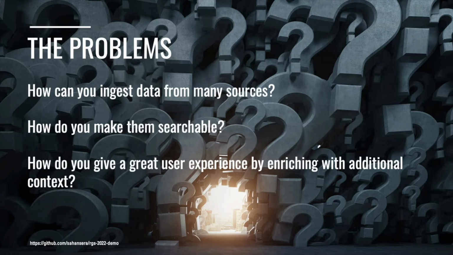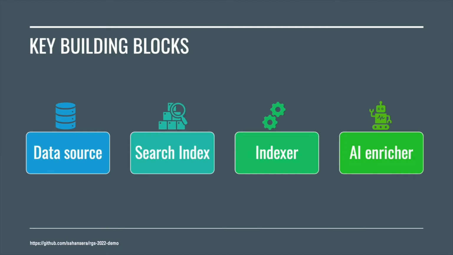In modern days, these concerns can be boiled down to 4 key building blocks. So first, you need to have some kind of a data source. It can be an existing database or maybe a collection of databases, or it could be even a blob storage with some documents. Then we need to extract important bits from this data and make that data searchable. You are going to need some kind of a search index. This is also known as an inverted index.